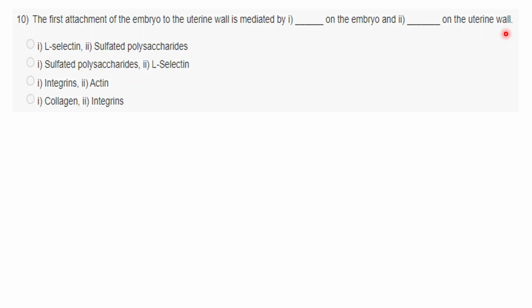Options are L-selectin, sulfated polysaccharides; L-selectin, integrins; and actin, collagen and integrins. The first attachment of the embryo to the uterine wall is mediated by dash on the embryo and dash on the uterine wall. So there are two components.